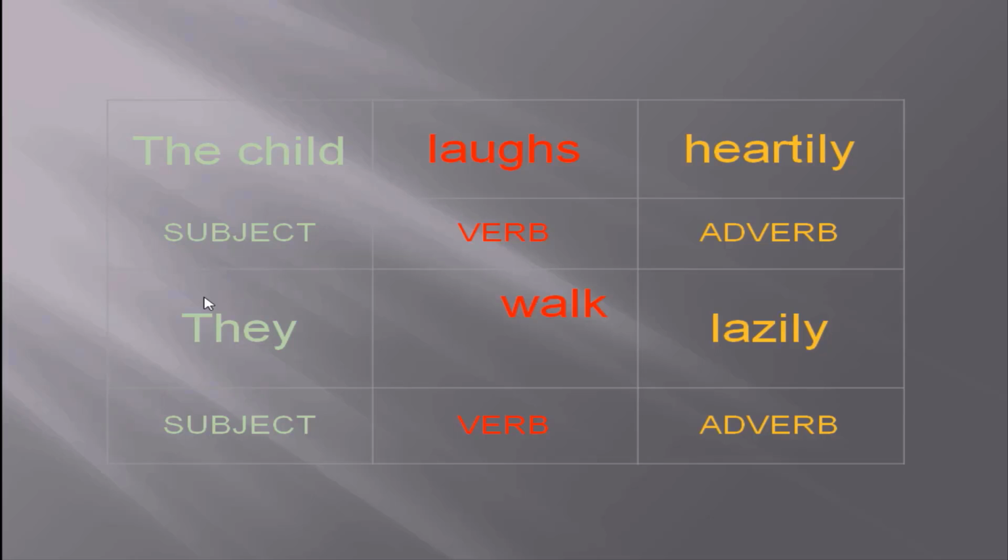In sentence 3, the child is subject, laughs is verb, and heartily is adverb. In sentence 4, they is subject, walk is verb, and lazily is adverb.